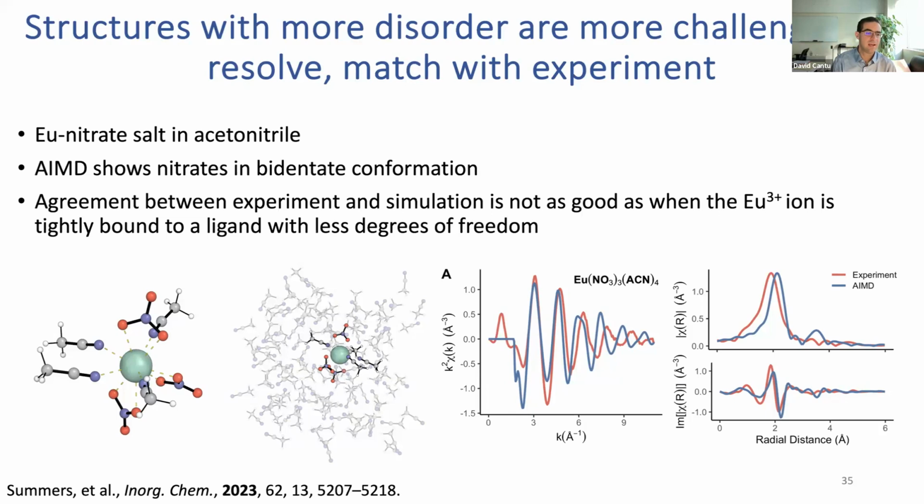The other possibility that we thought of when writing this paper is that perhaps there was a little bit of water contamination in the experimental sample, and in highly non-aqueous conditions, the water molecules are going to most likely find their way to coordinate the europium.